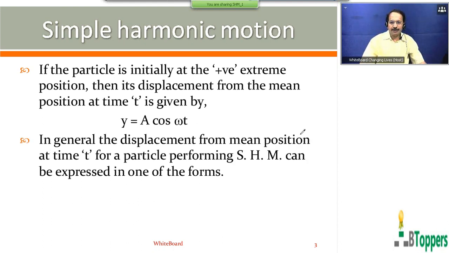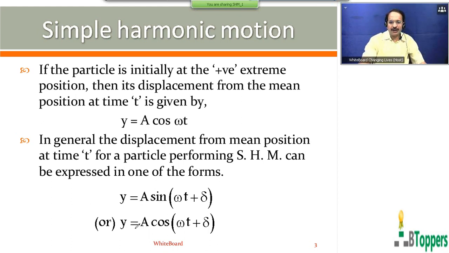So in general, the displacement from the mean position at time t for a particle performing SHM can be expressed in one of the two standard forms, y equal to A sin(omega t plus delta) or y equal to A cos(omega t plus delta). Take a pause and finish writing the notes up to here.